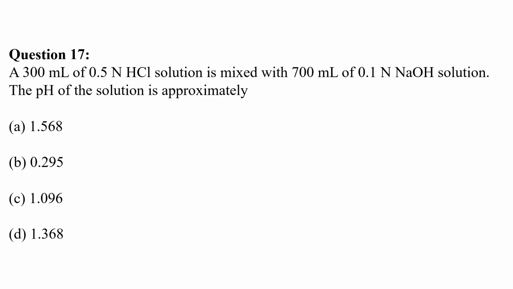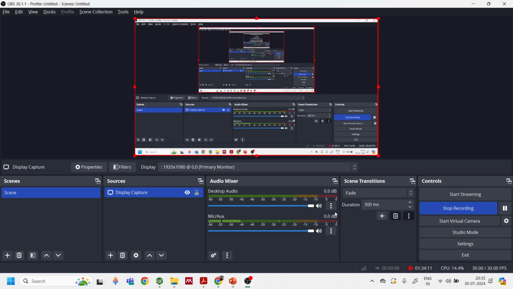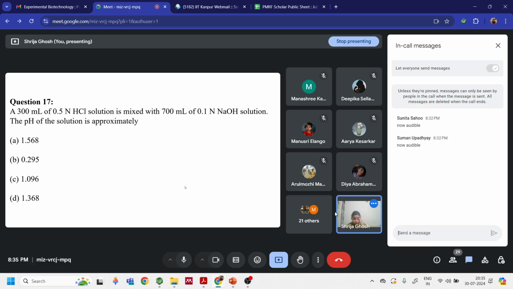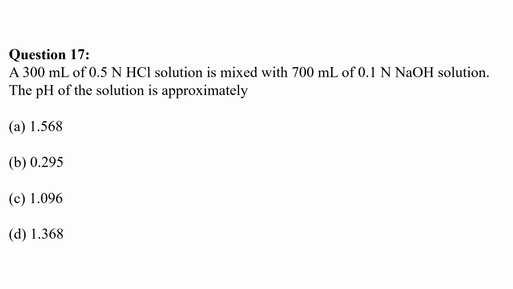So 300 ml of 0.5 normal HCl is mixed with 700 ml of 0.1 normal NaOH. So how to solve this question? Let's see.